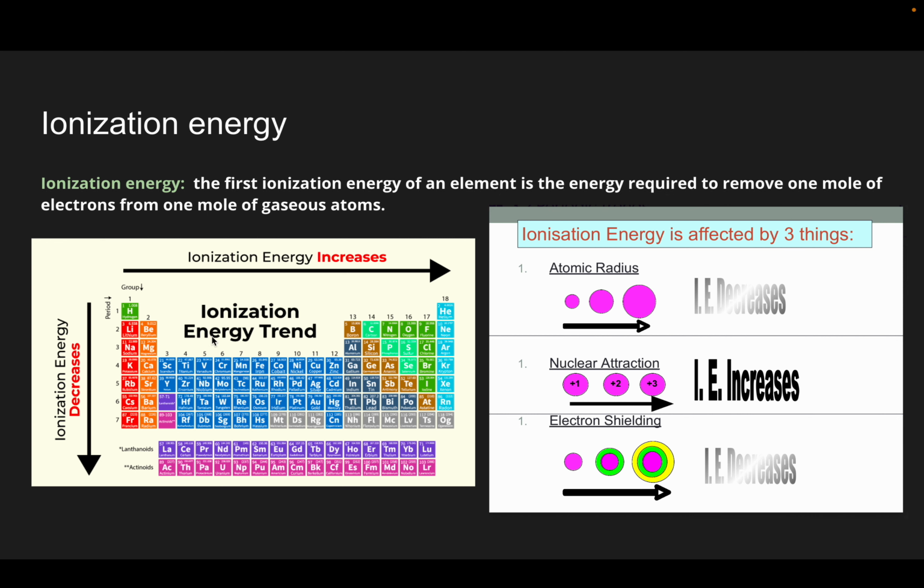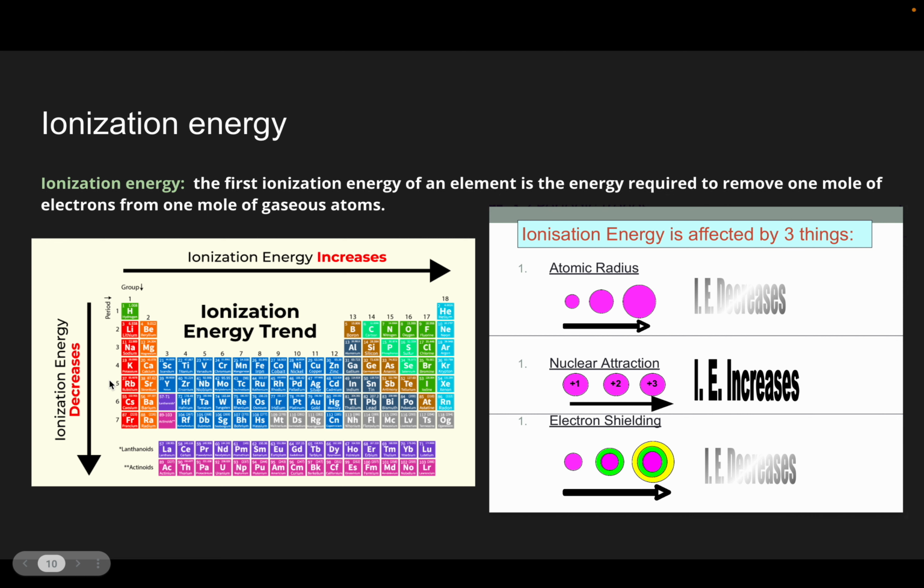And here ionization energy is affected by 3 main things. First one is atomic radius, and as you can see, the atomic radius increases down the group, and this is why ionization energy decreases.